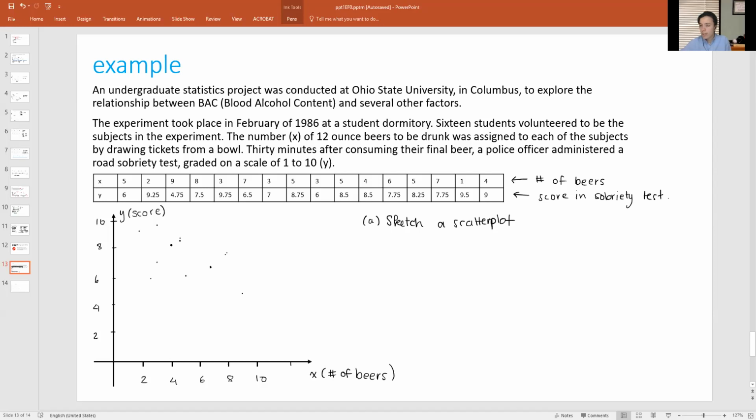So that's 4 and 8.5, here. 6 and 7.75 is here. 5 and 8.25. Okay, you're getting the idea here. 7 and 7.5 is going to be here. Then 1 and 9.5. And 4 and 9.